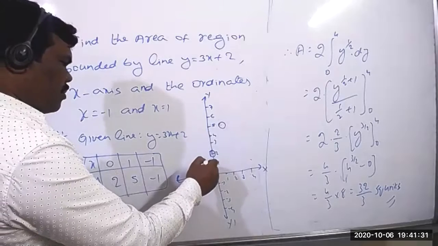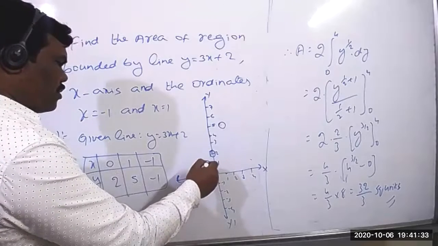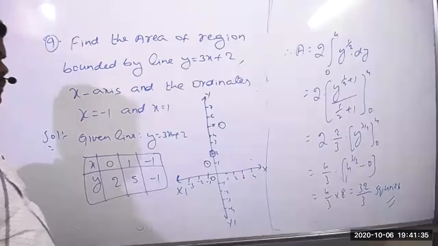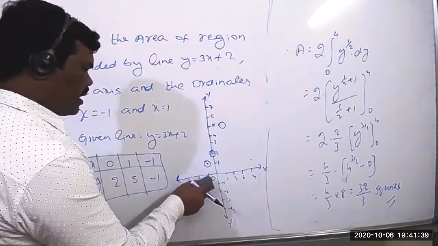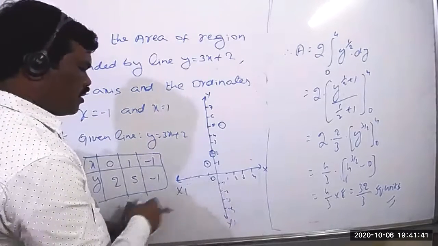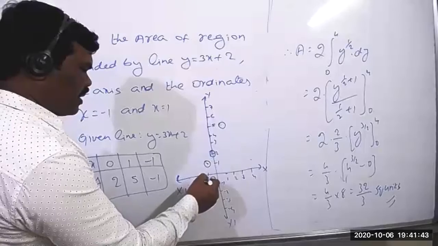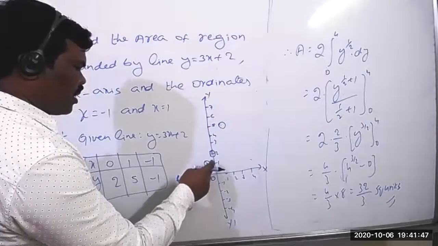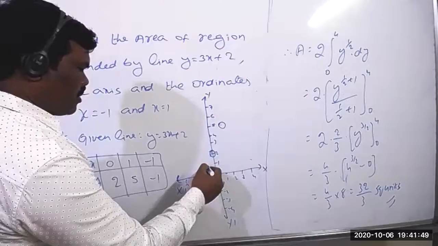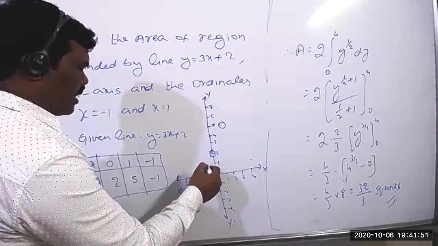Correct or not? This is the point. You can also take a little bit more length here because your space will be different. -1, -2, -3 and so on. So clearly we get this point here.